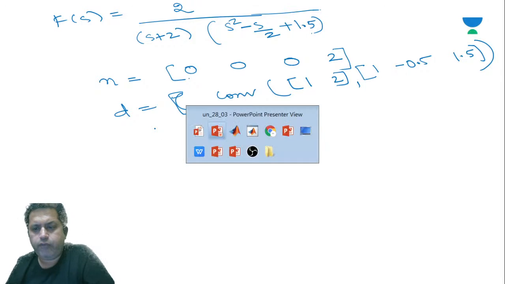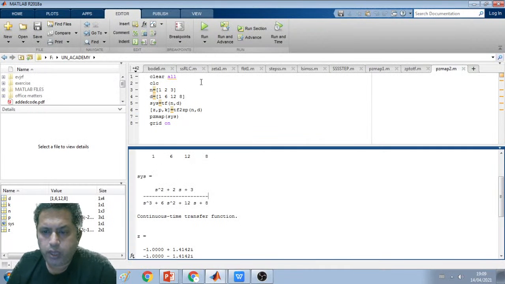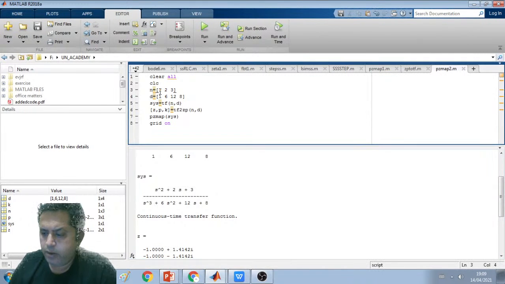So let us check with the hands on. What was N? N was 0 for s cube, 0 for s square, 0 for s, and then 2 constant term.